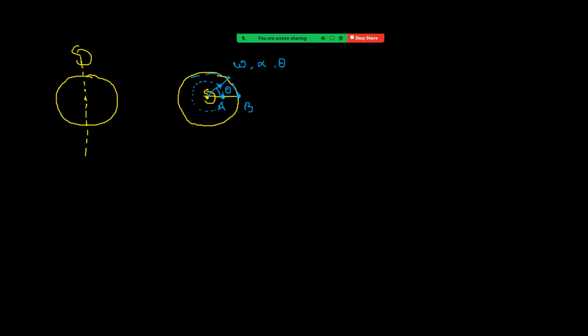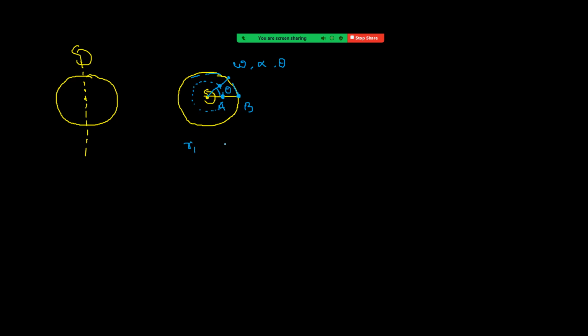And between A and B, the separation is always the same because it is a rigid body. That means along the line joining them, there is no relative velocity. I am repeating: since it is a rigid body, along the line joining them, there is no relative velocity. Next, for example, take the distance of A from the axis as R1.